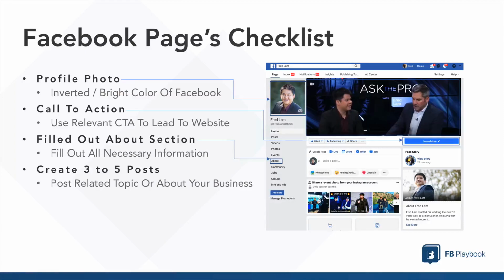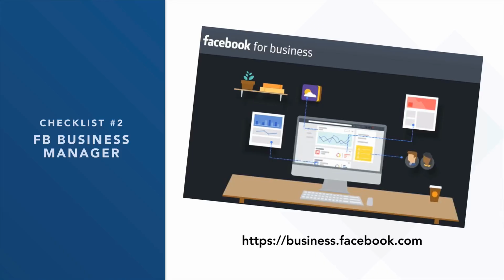And we've seen that if you actively post content on your Facebook page, your CPM, what you are billed through Facebook ad, is a lot lower than having a Facebook page that has literally no content. Once you have your Facebook page done, you absolutely have to get a Facebook Business Manager account.